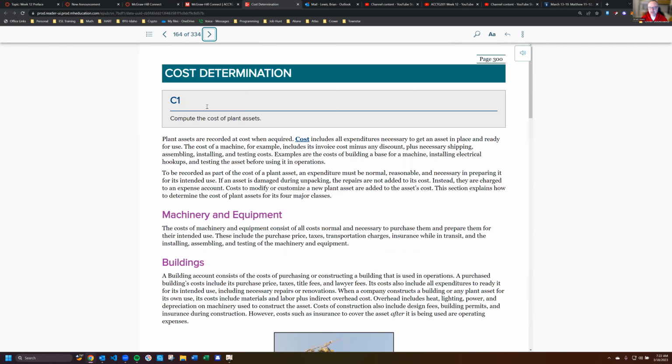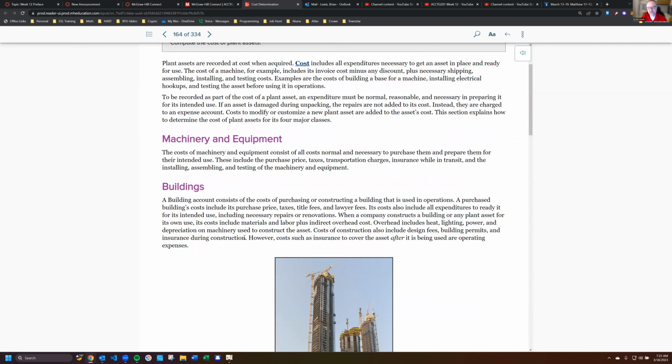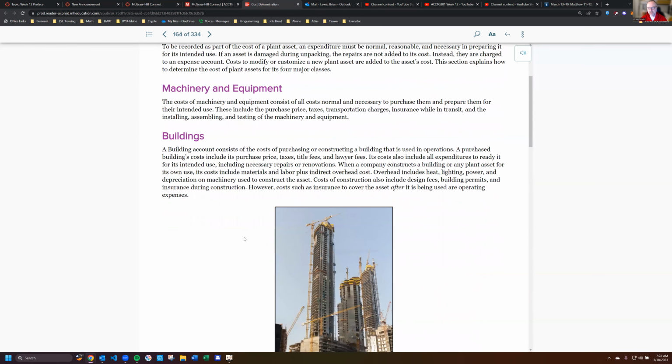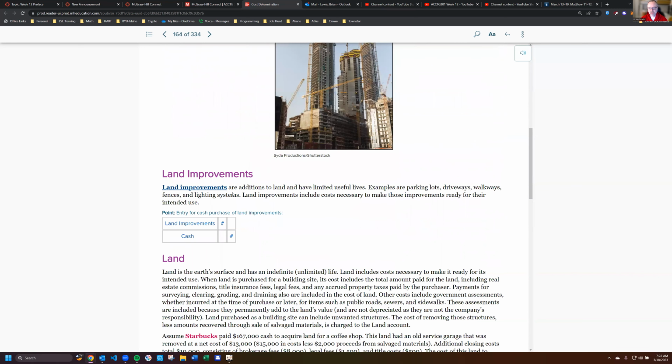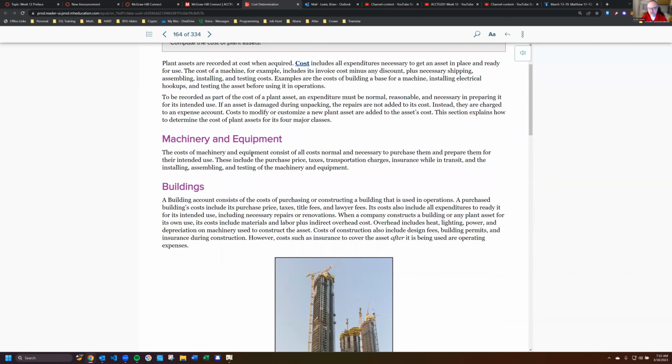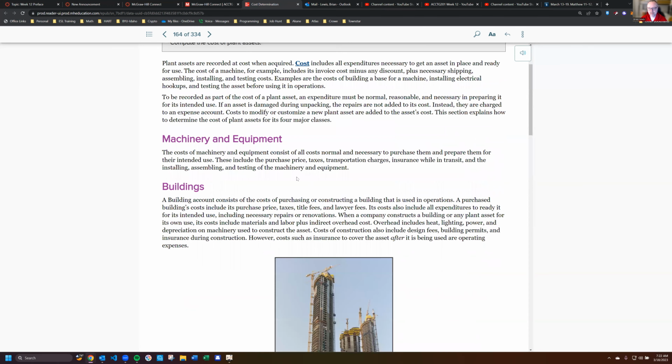All right, so depending on the type of equipment, you're going to have different types of costs that are includable. Now, this is really important to work through. All right, because you have machinery and equipment, pretty straightforward. What's included in that, right? The purchase price, taxes, charges, any insurance in transit, and the cost of assembly and whatnot.